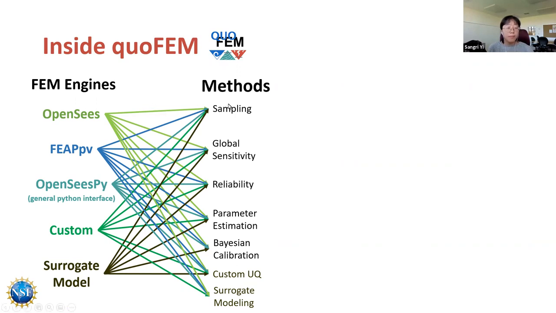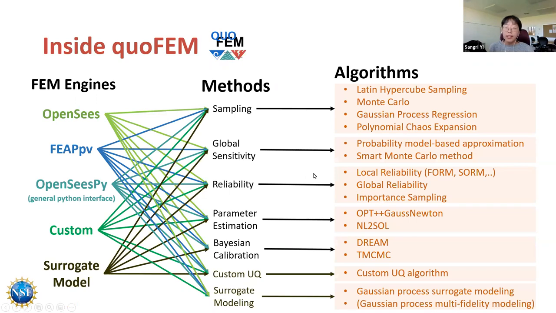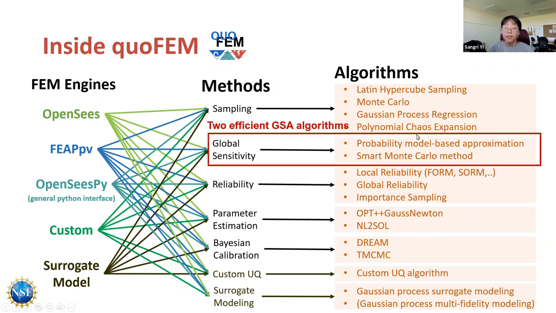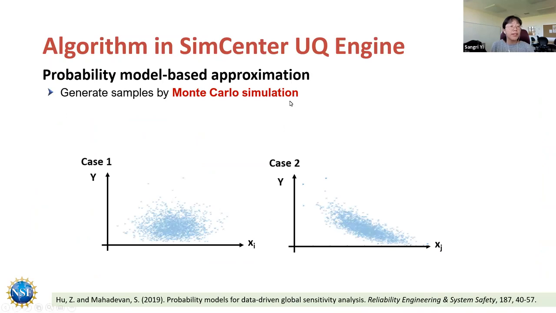Among those methods we support, there is global sensitivity analysis. And here we have two different algorithms, which are from SimCenterUQ and Dakota Engine respectively. So I will also briefly go over how each method identifies the sensitivity index without equations.